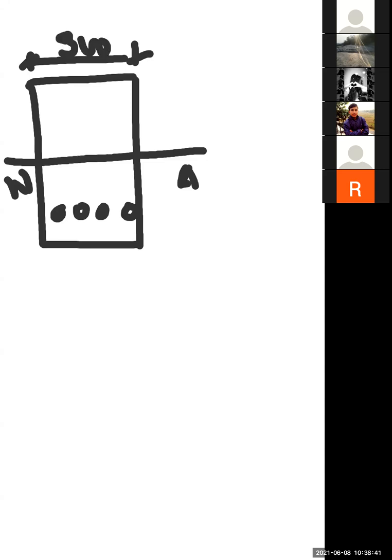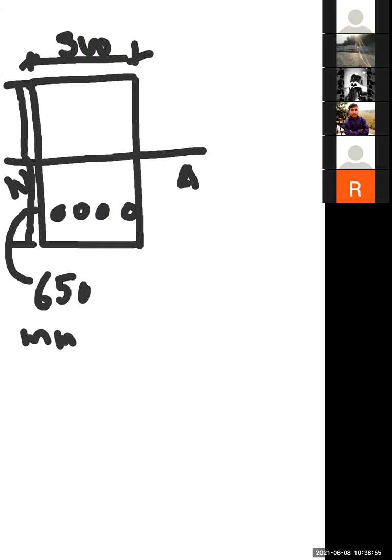Overall depth is given 650 mm here, and we take or assume D dash, effective cover, is 50 mm.